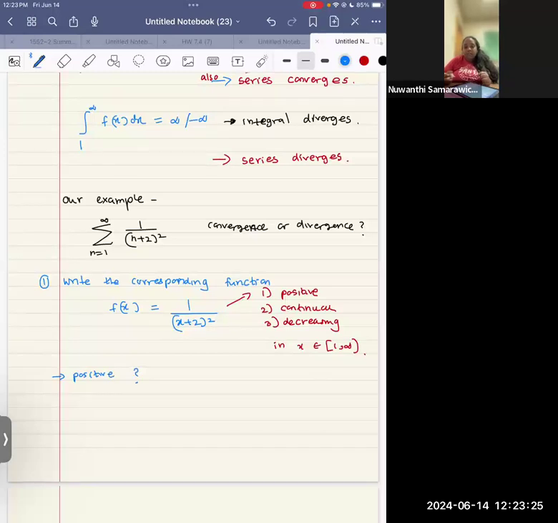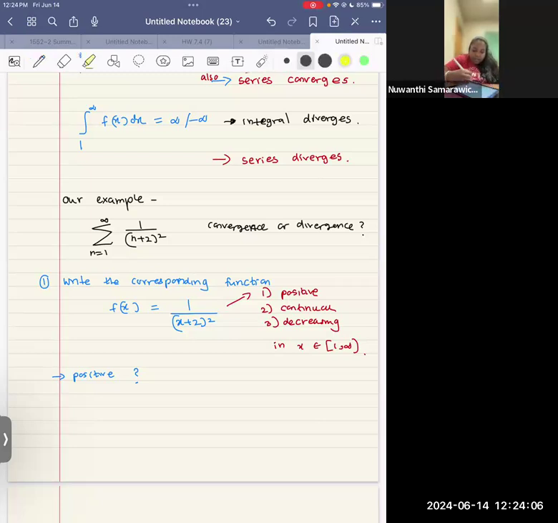What do you think? Is this a positive function or not? Squared. Yes, some say yes. What about others? Yes. So this is positive for most x values, because of the square.